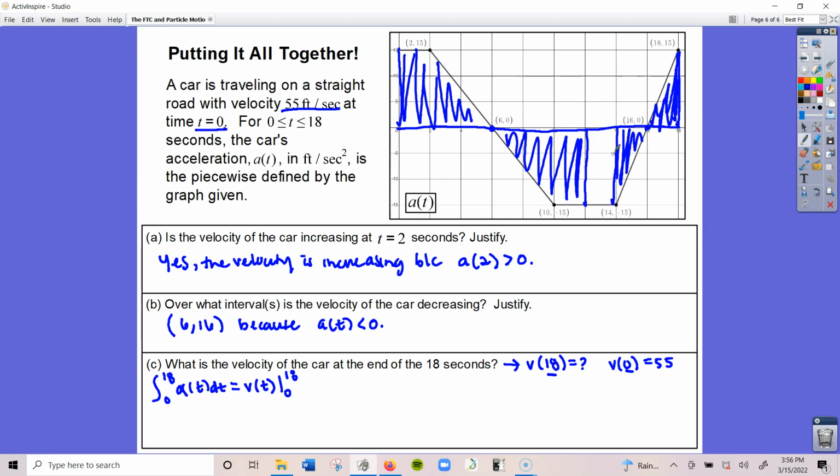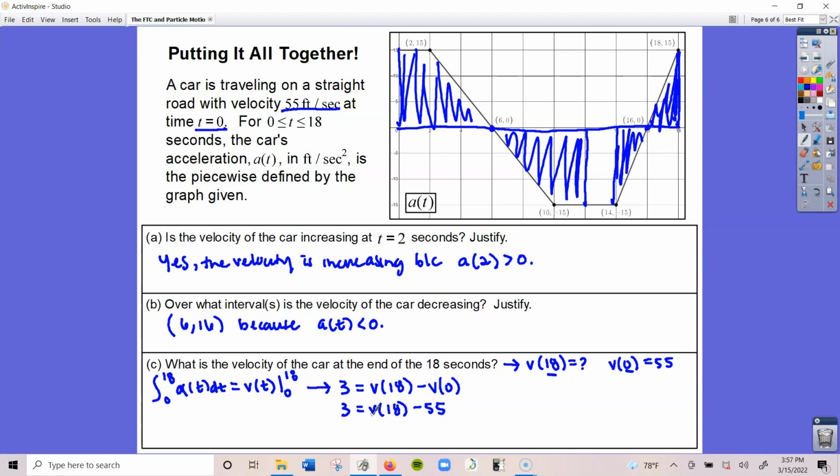So the only area I need to calculate to get this integral would be this particular rectangle, which is 3 times 1. So 3 times 1 is 3, and that's going to equal v of 18 minus v of 0. Now I know that v of 0 is 55.